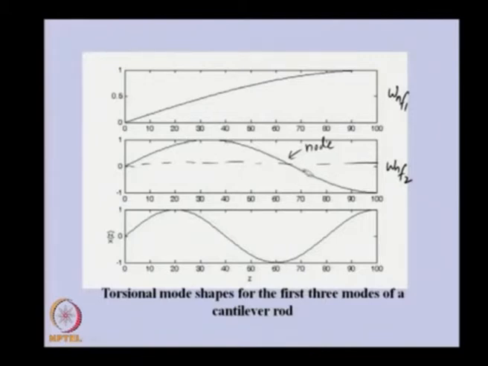Again I am repeating, we are talking about the torsional angular displacement. So, the shaft particles on the left side and right side will have opposite motion. Similarly, this third one is for the third natural frequency, and here if we draw the 0 line, we will see that there will be two nodes where there will not be any angular displacement, but there will be angular displacement on either side, with opposite motion.